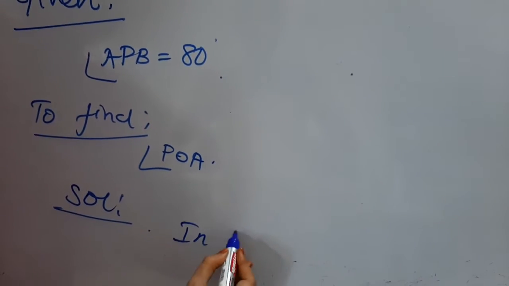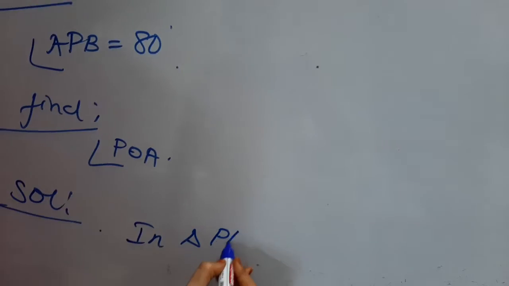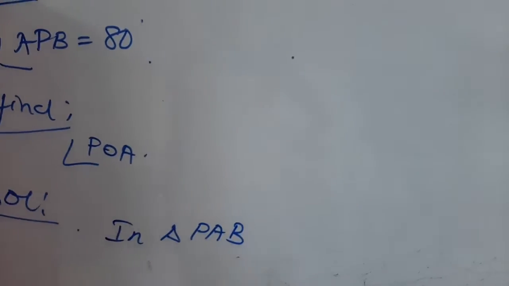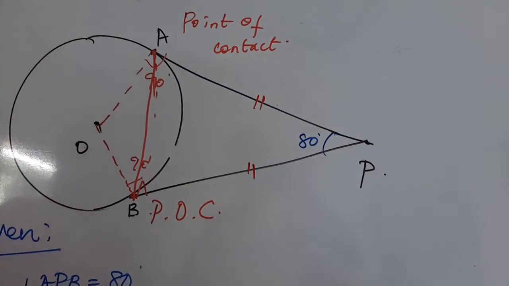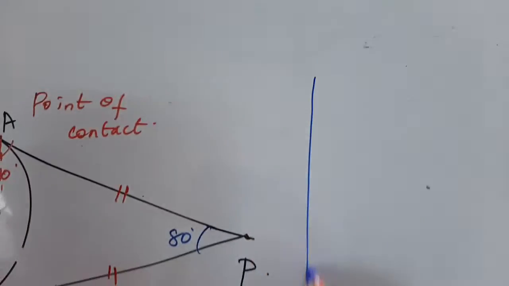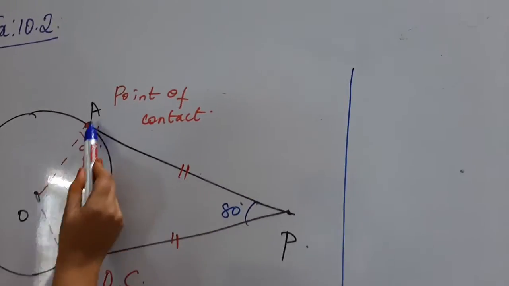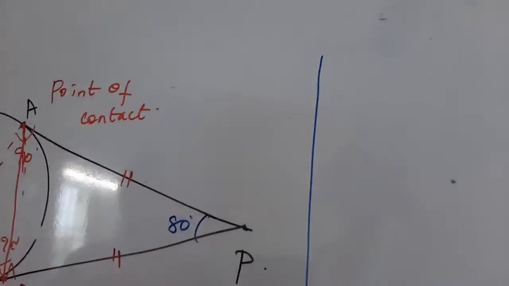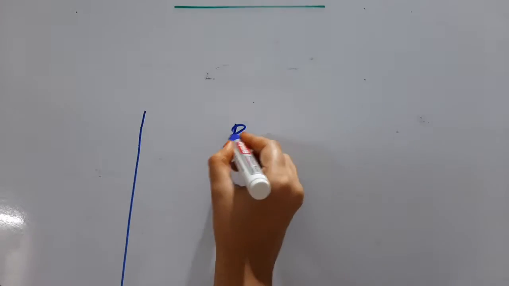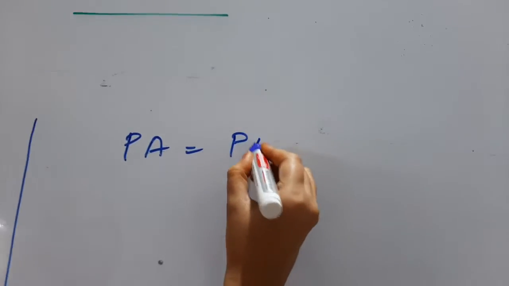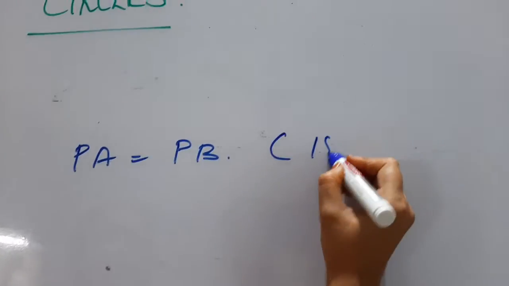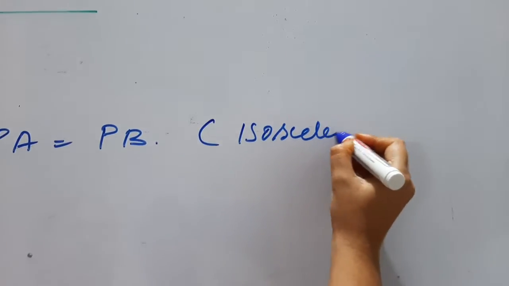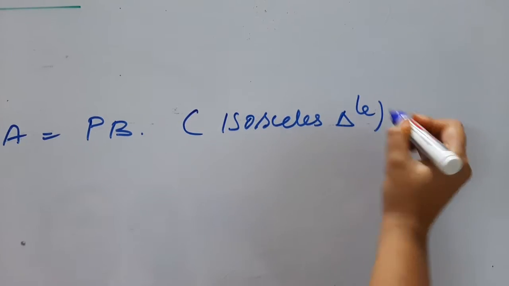First consider the triangle PAB. The side PA is a tangent, the side PB is a tangent, and AB is the chord. In this triangle, PA is equal to PB. If two sides of a triangle are equal, then this triangle is isosceles, right?